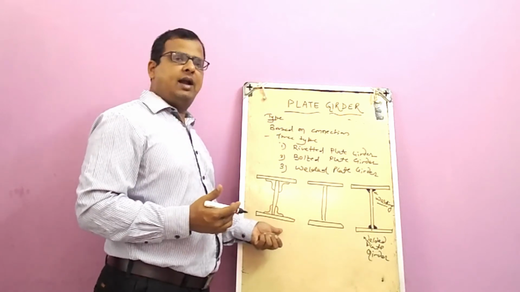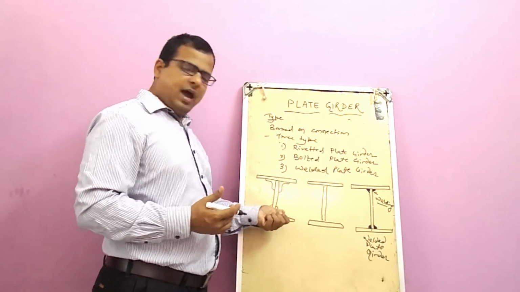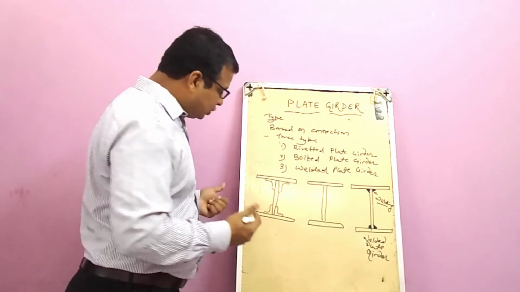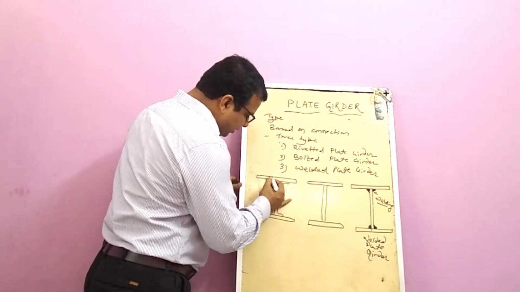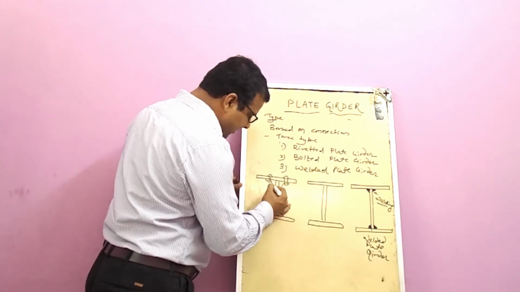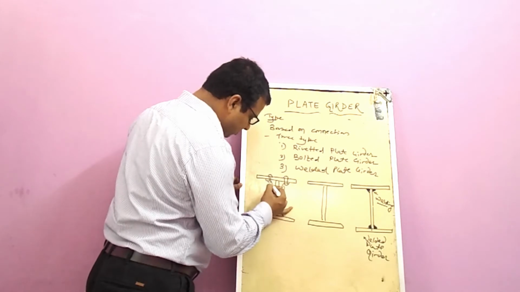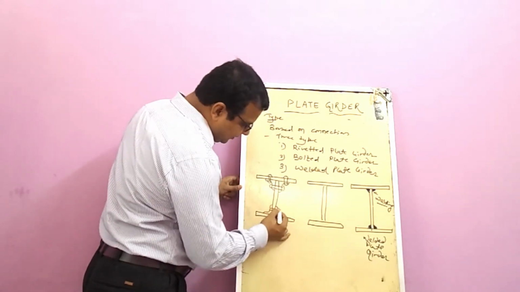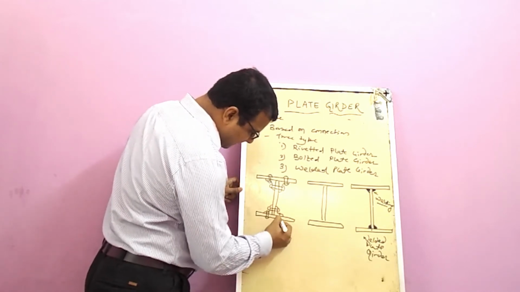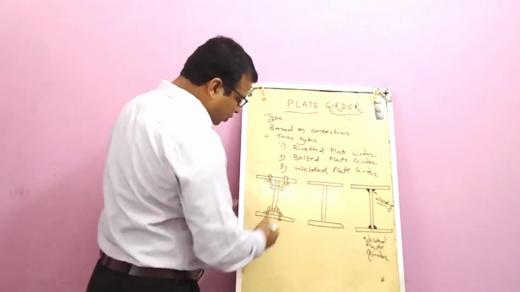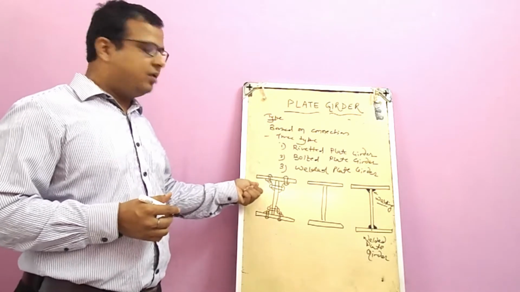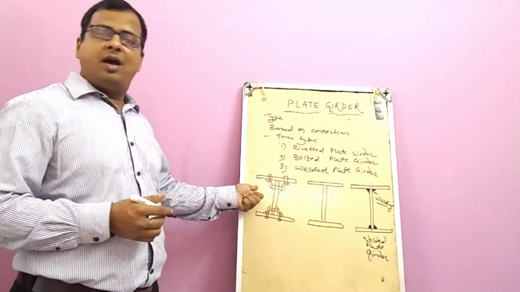That's why we generally provide angles on all faces, at the top and bottom. So there we require 4 angles. Like that, these are the riveted. In this way we can make a riveted type plate girder.